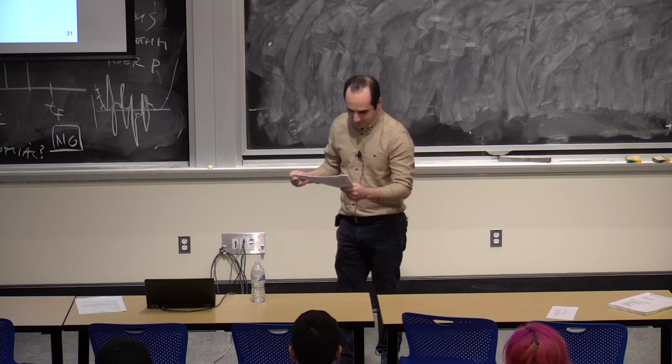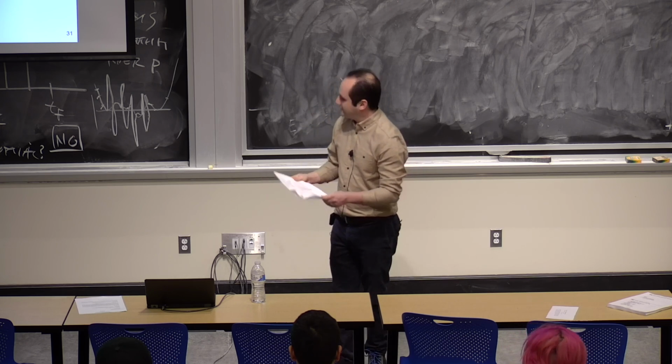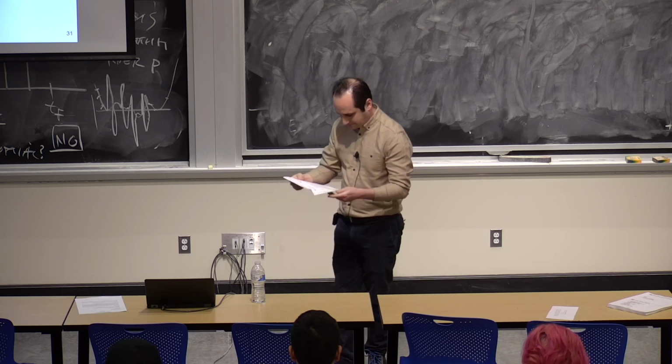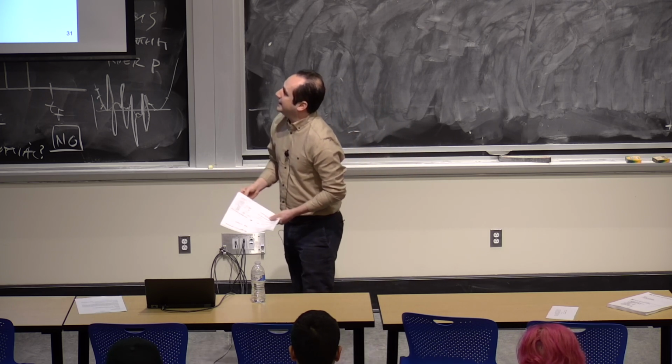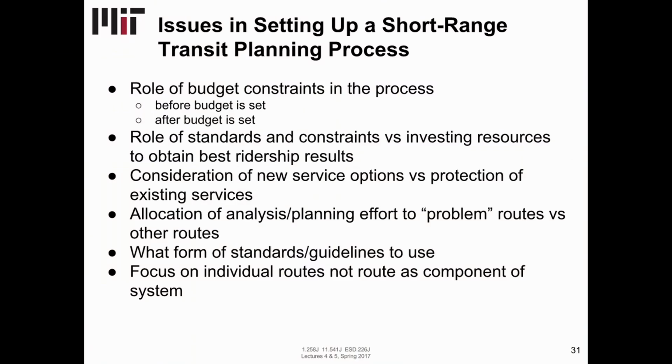So the next possible issue involved in the traditional or existing practice for short-range transit planning is that we have a set of standards and constraints that gives us lower bounds on some of the service measures.